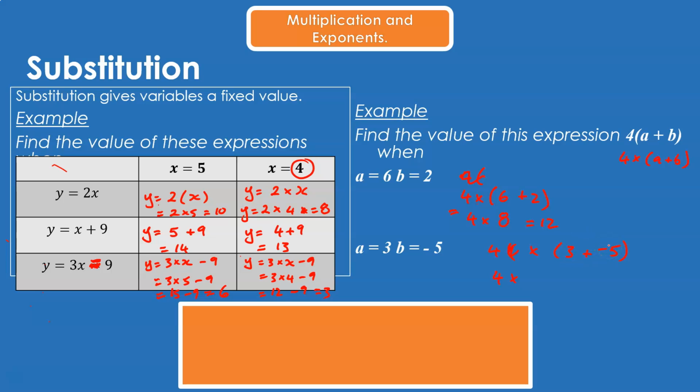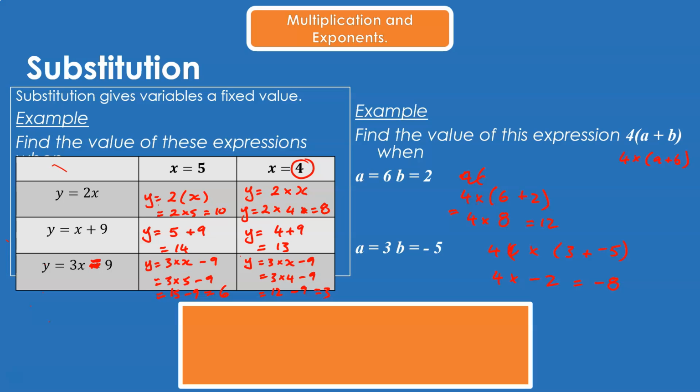If you remember back to the integers, I've got a positive, so it's hot in the chilli bin, and I'm adding something cold, the negative, so the temperature is going to go down. So you're going to end up with minus 2. So it's 4 times minus 2, which is equal to minus 8. When you times a positive and a negative together, you get a negative.